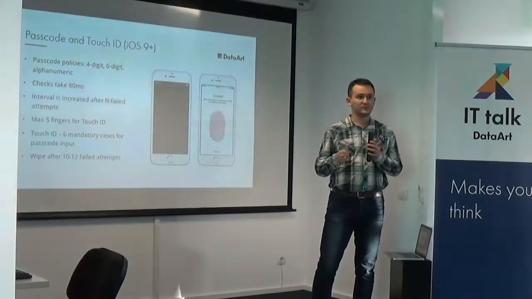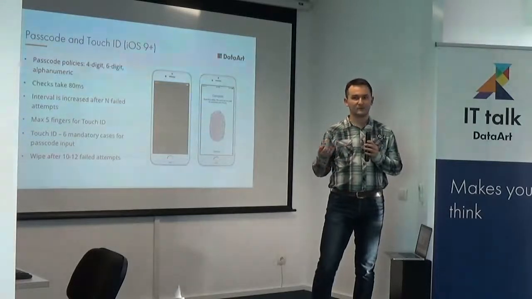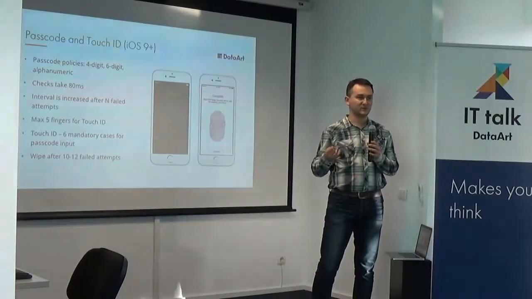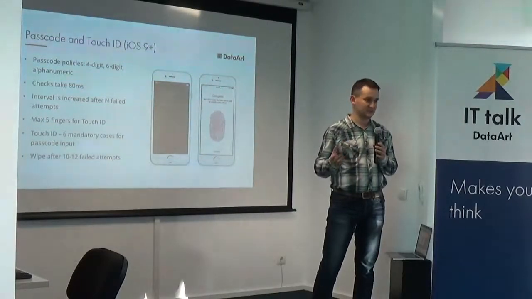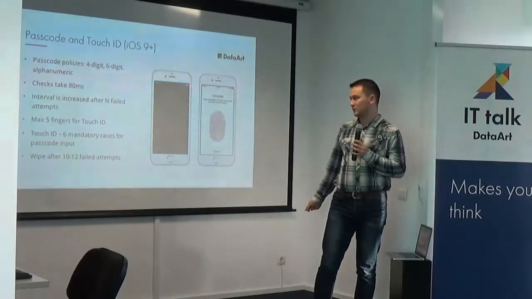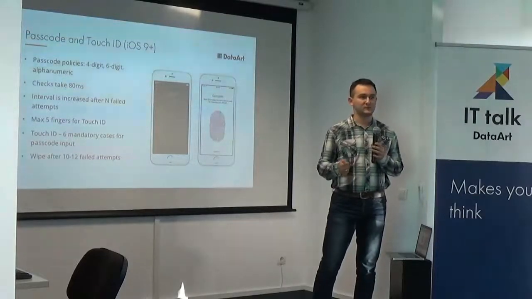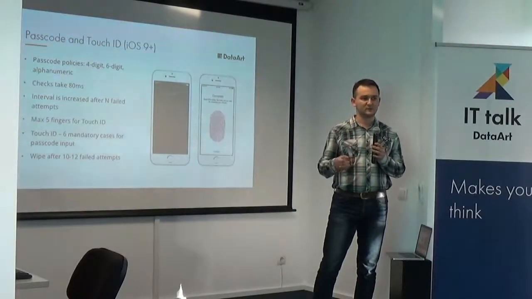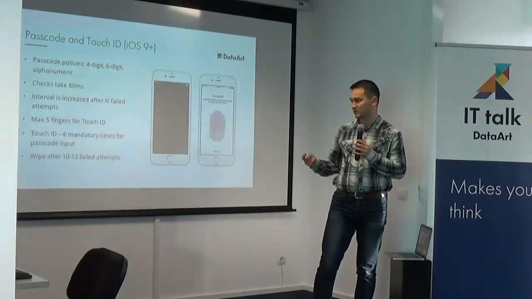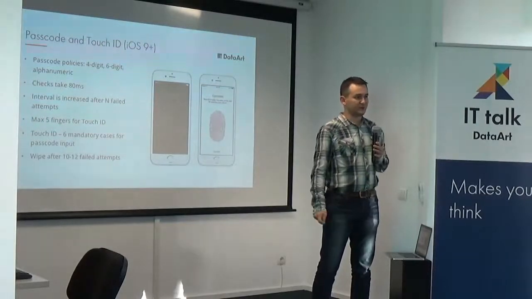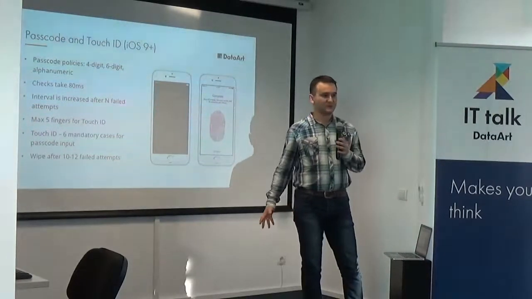The longer the passcode is, the better the quality of the encryption keys is. If you use letters in different registers and special symbols, the entropy is larger and the quality of keys is even better.